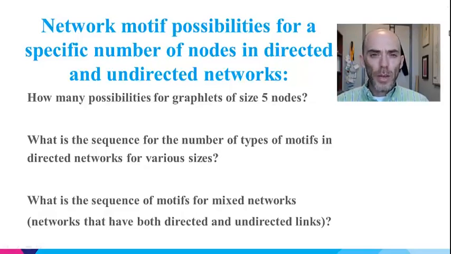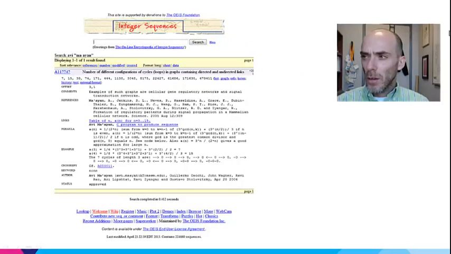So after working out the sequence of the number of motifs of various size, as the size of the network motif grows, we were able to submit that sequence into the Encyclopedia of Integer Sequences. If you are faced with a sequence of integers, you can submit it to this website to see whether you identified a novel sequence.